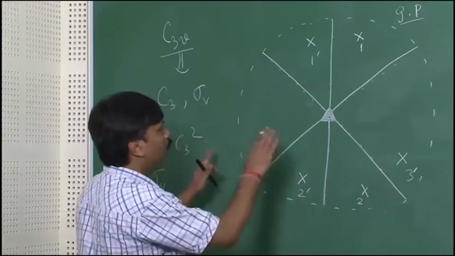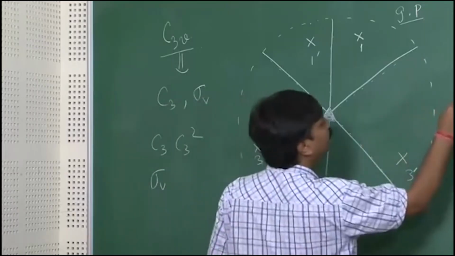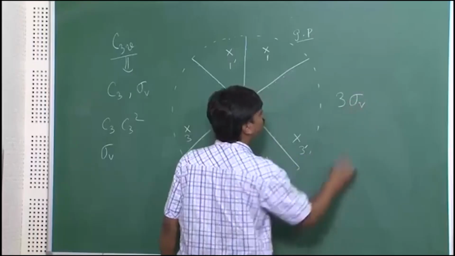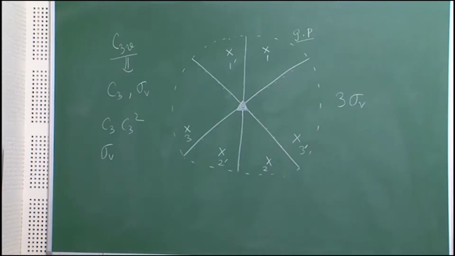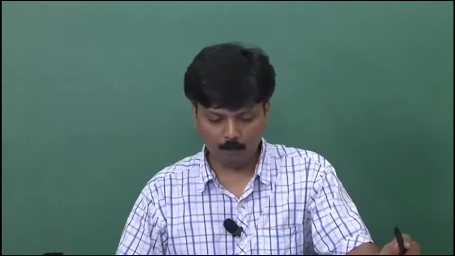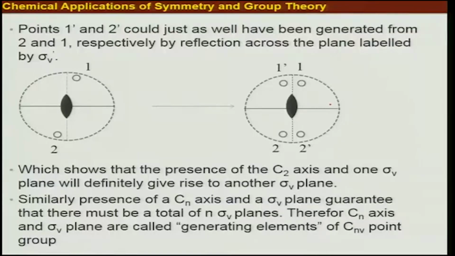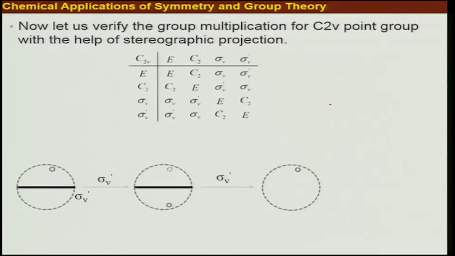So what we get is a total of 3 sigma v's. Fine. You can try doing many other point groups, and from the point group symbol you can find out all the symmetry operations that you can generate.